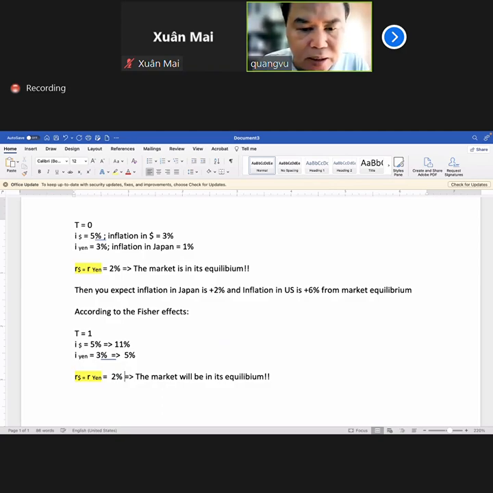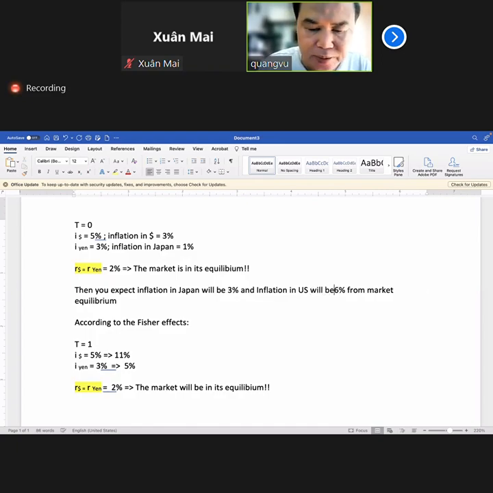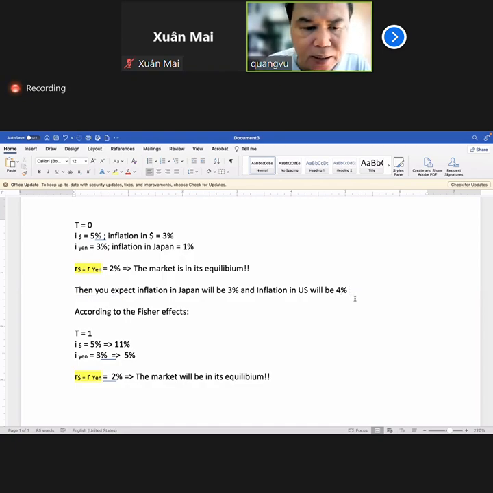Okay. How about if we expect inflation not to go up, but inflation in Japan will be 3%, and then inflation in the United States will be not an increase, but will be, let's say, 4%.